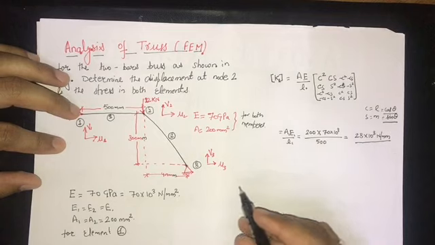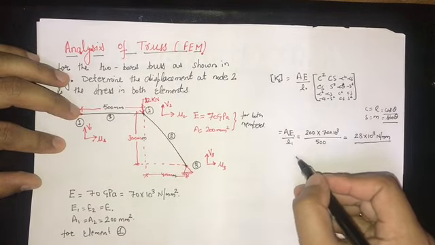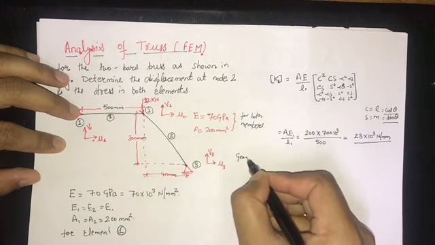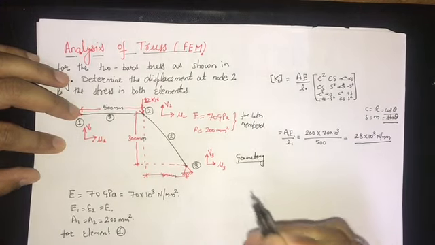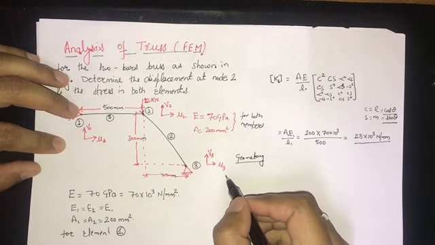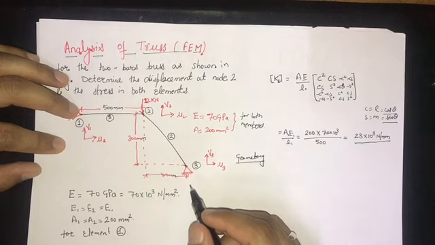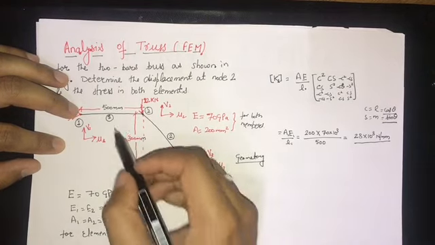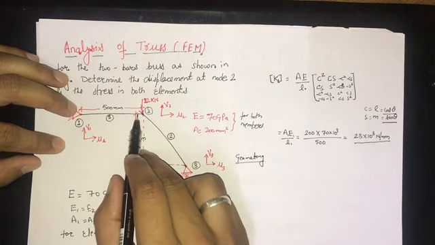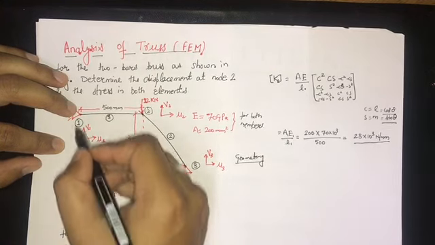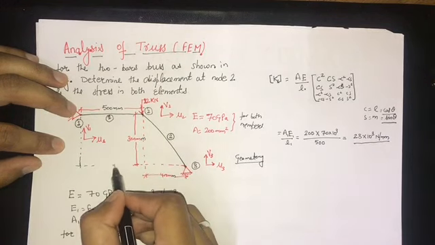So C is nothing but cos theta. We can calculate cos theta by geometry, or also by the angle, that is cos theta and sin theta. Suppose you calculate it with the angle: for element 1, it is at an angle of 0 degree because it is parallel to the origin line.